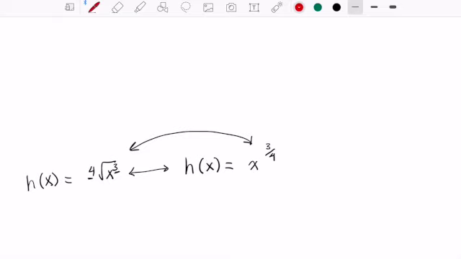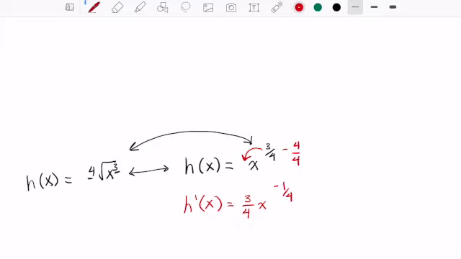So what I'm going to do next is I'm just going to simply take the derivative. When I take the derivative here for h prime of x, I know that my power is going to come down front. So I have 3/4 x, and then we have 3/4 minus 1. Well, in order to subtract that, we're going to use a fraction. We know that 1 can be rewritten as 4/4. So 3/4 minus 4/4 is going to give us negative 1/4.